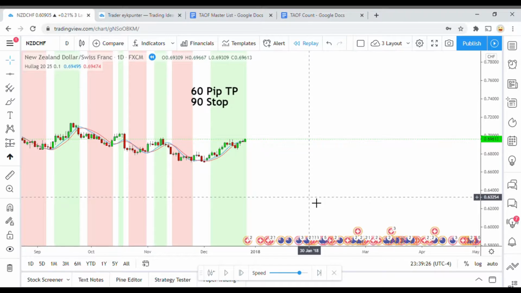Because again, one of the biggest problems when it comes to a moving average cross or the moving average price action cross was that you get a lot of fake outs. And so you will often run into areas where you get pinballed in and out of trades.